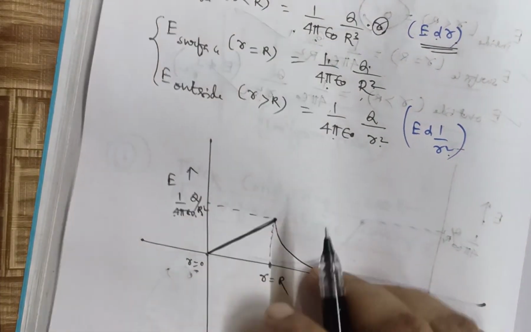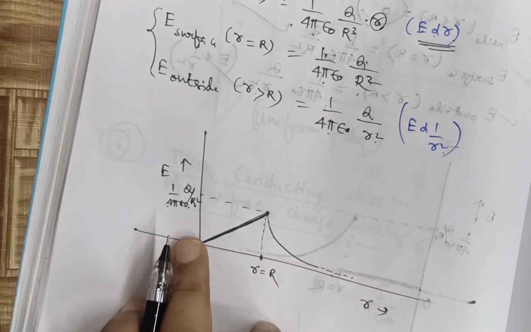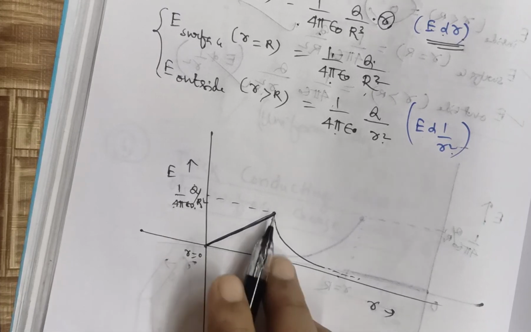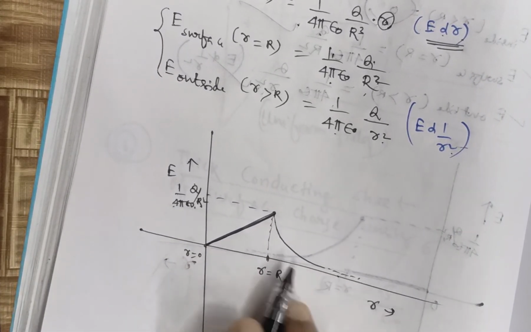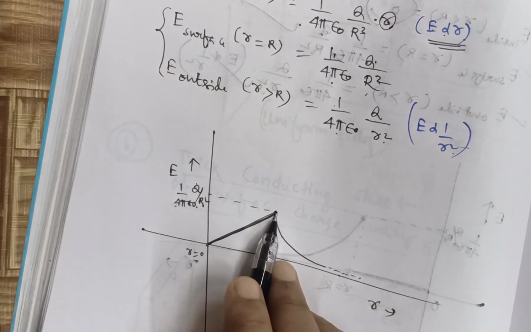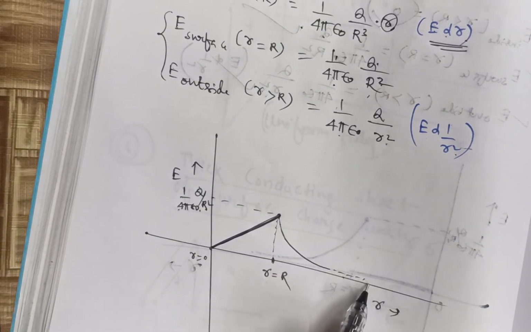This is similar in the case of your gravitation chapter, that is gravitational field intensity or acceleration due to gravity. At the center it was 0. On the surface it is maximum, and as we go outside from the surface of the earth, it decreases. Just remember, on the surface acceleration due to gravity was maximum. If you increase altitude, then intensity decreases.